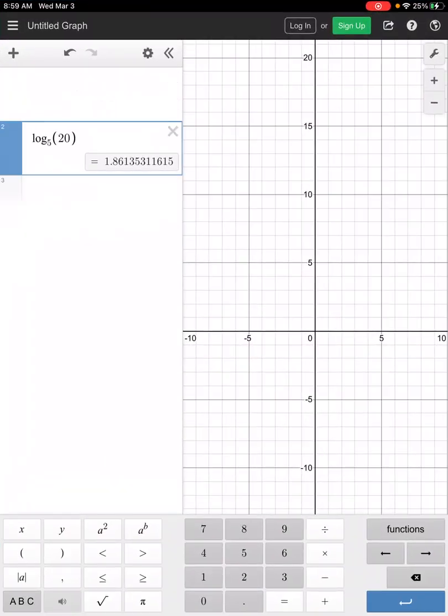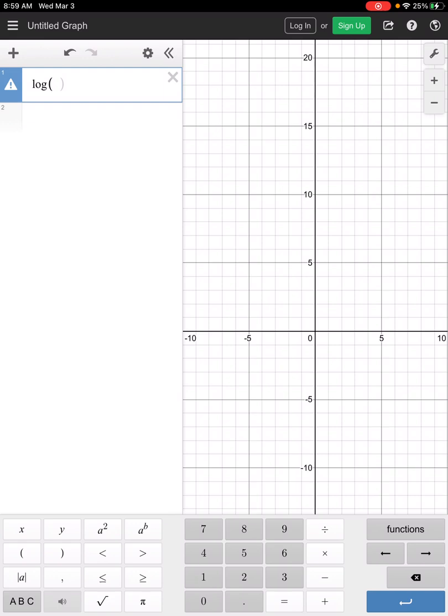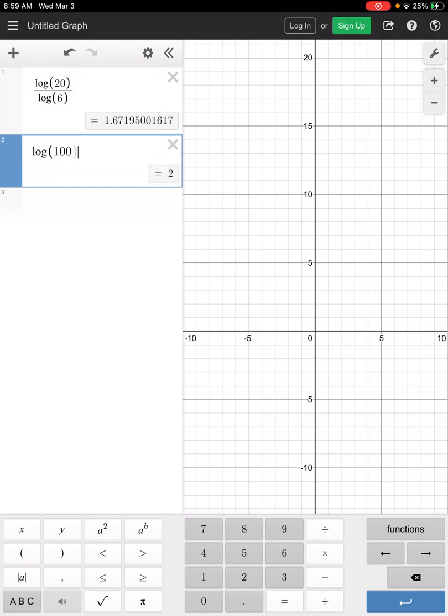For all these functions, remember we're just using a base of 10, so we just use that first log button here. We do the log of 20, arrow outside that parentheses, divided by the log of 6. And we get 1.67195, so let's leave it as 1.672. Our next one, we have the log of 100, arrow outside that parentheses, divided by the log of 14.